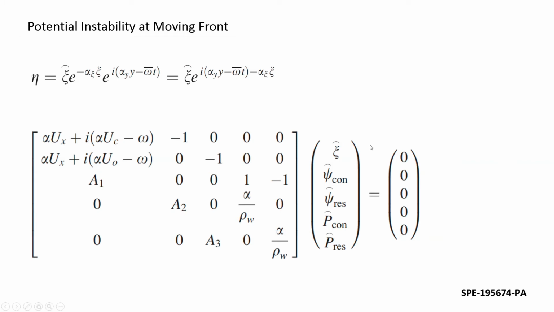So I'm not going to talk about the mathematical framework of this calculation, but most linear stability problems are based on one disturbance or perturbation that you expose to the system.